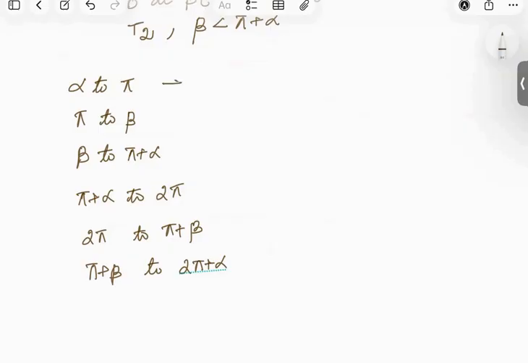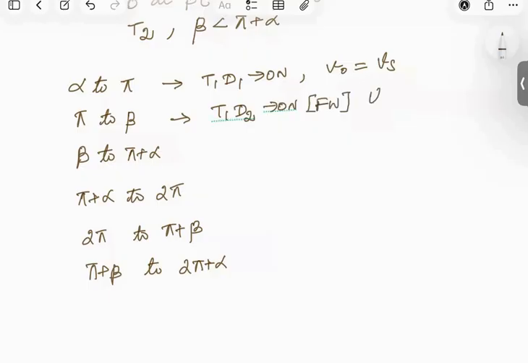From alpha to pi, T1 and D1 will be in on condition, which will give V0 equal to Vs. V0 will follow the supply voltage waveform. From pi to beta, T1 and D2 will be in on condition, which is freewheeling mode, which results in V0 equal to 0.